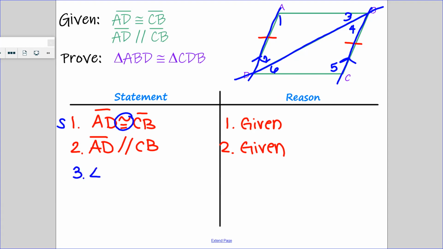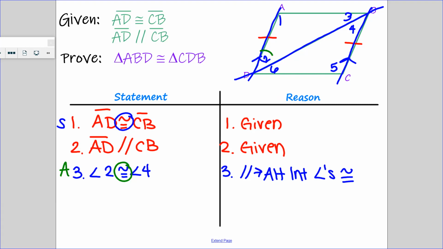So we would say angle 2 is congruent to angle 4, because if my lines are parallel, then my alternating interior angles are congruent. So now I have another congruent sign. Did we talk about angles or sides? Angles. And I'm going to go mark 2 and 4 because, again, in the long run, that typically helps you out if you mark as you go.